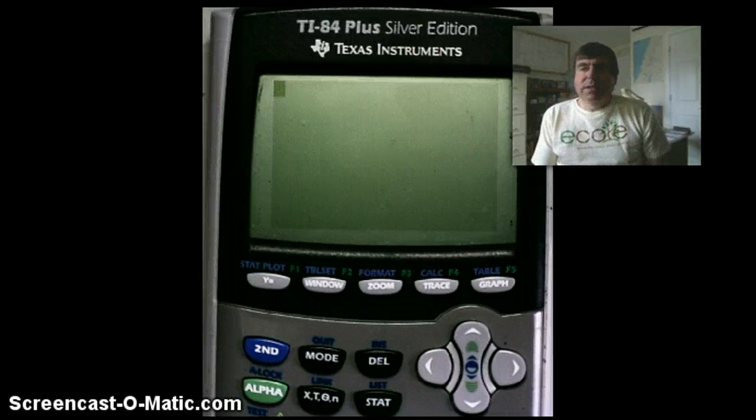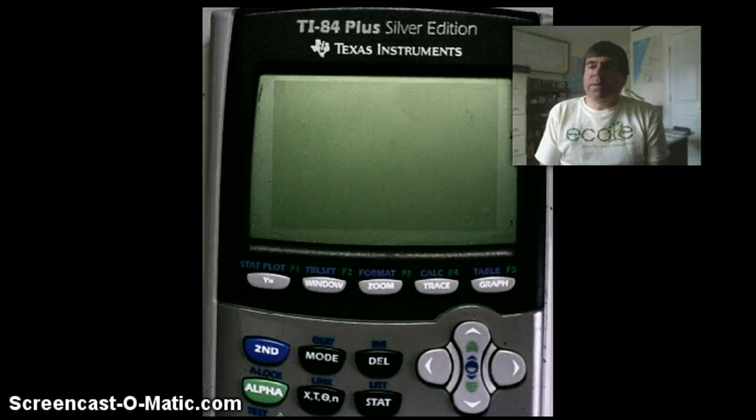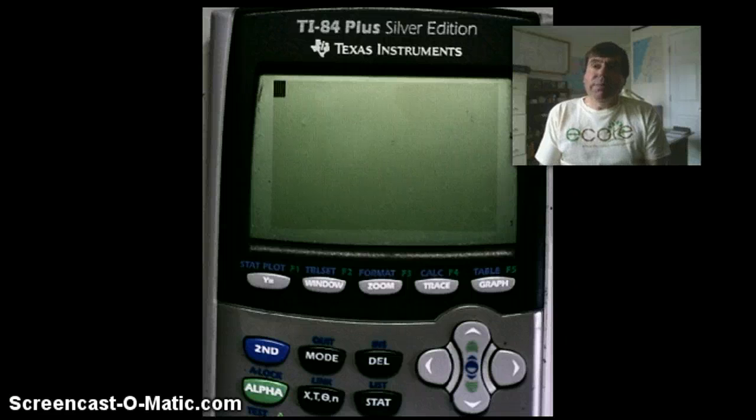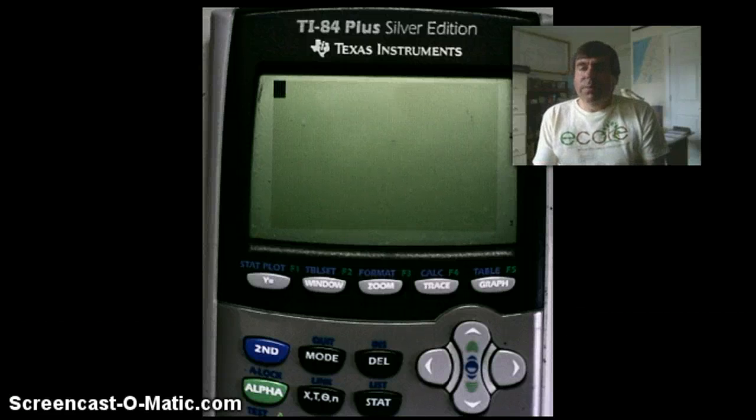My advice, go on some type of eBay situation, buy one. You can get one for about $40, $50, $60. And when you're done with the course, if you want to be done with the calculator, then you could sell it back, and you could probably get that amount of money. So that's really no big deal. So please keep that aware.